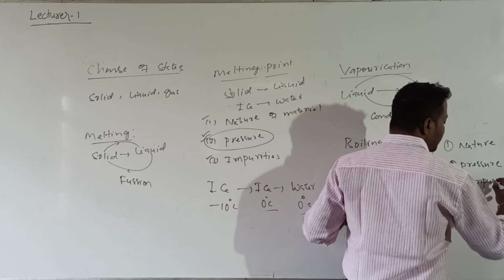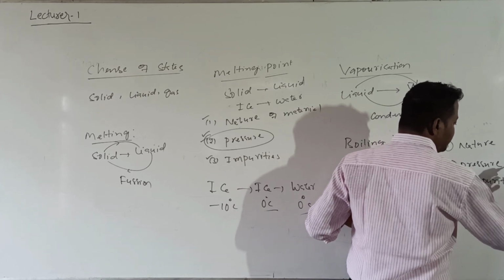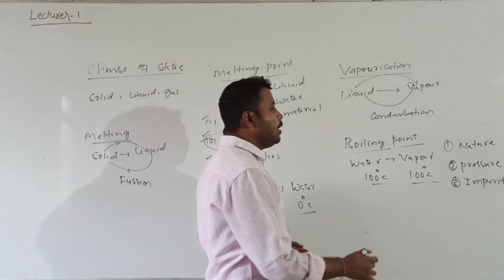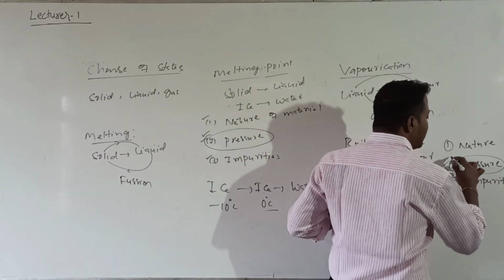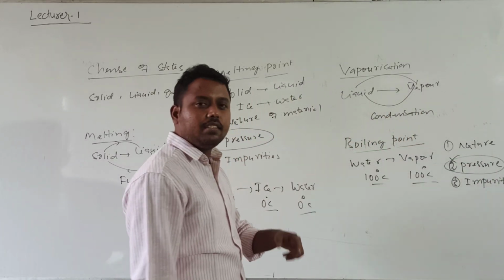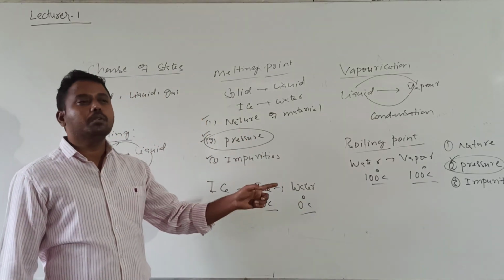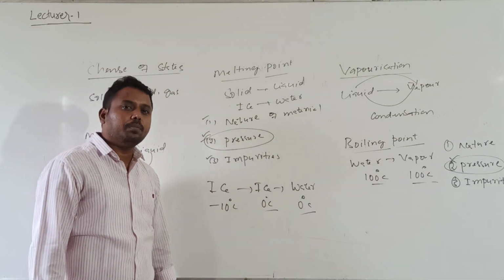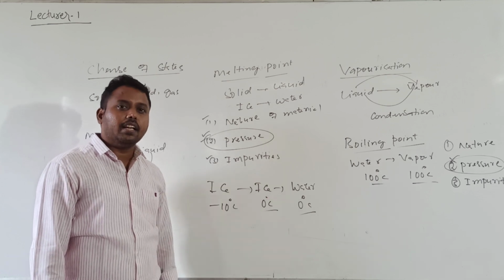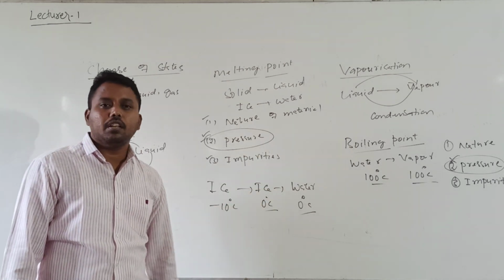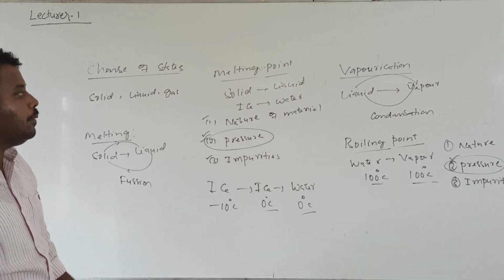Here is a very important point. How does the pressure affect the boiling point? We'll discuss that in the next class. So the boiling point temperature depends upon the nature of the material, the pressure, and the impurities.